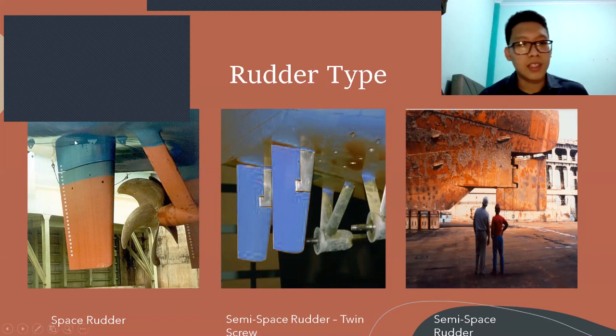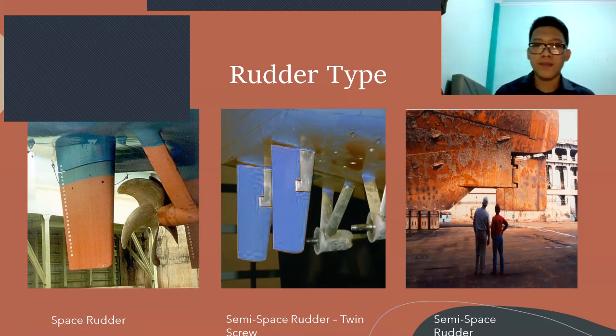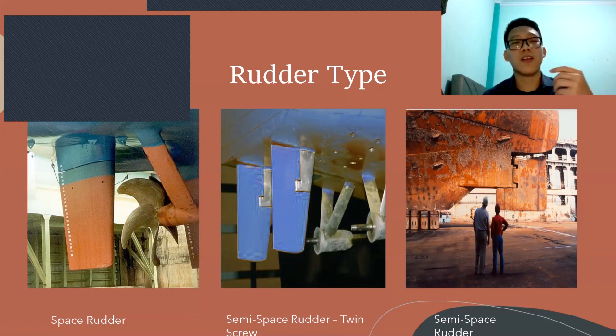And in the middle, we can see the semi-space rudder, or we can call it twin screw. And the last one, in my right view, is the semi-space rudder. Basically, we can see these rudders commonly in many varied shapes.